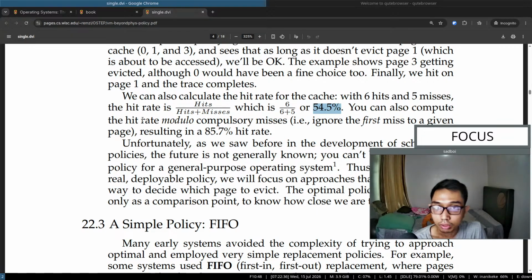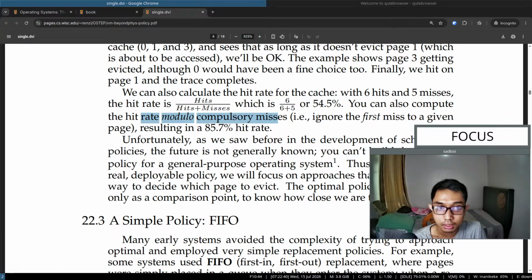You can also compute the hit rate modulo compulsory misses, that is, ignore the first miss to a given page, resulting in an 85.7% hit rate.